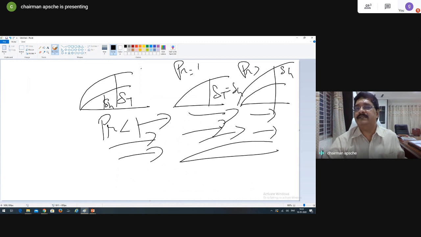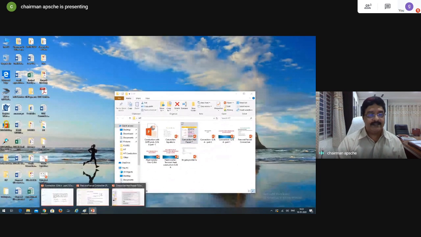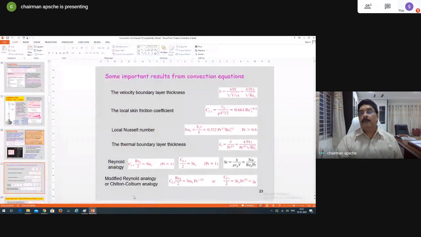So your delta H is high, delta T is small. This is what I said. So Prandtl number has a purpose. Prandtl number indicates a comparison between hydrodynamic and thermal boundary layers. You can visualize what kind of a flow it is.